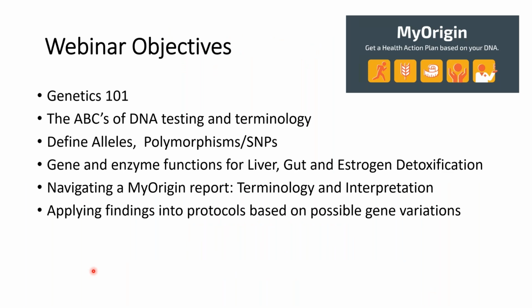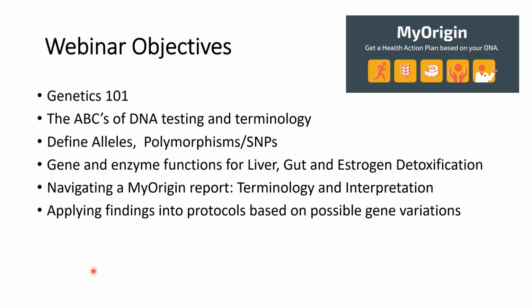So here's our objectives for today. Although most people might already know this, we're going to talk a little bit about genetics, getting us all on the same page about genes and chromosomes and SNPs.